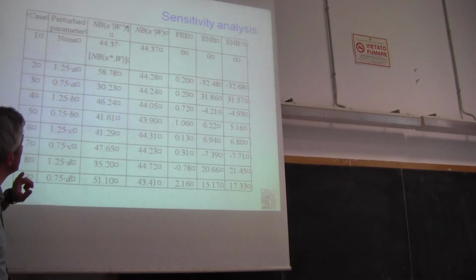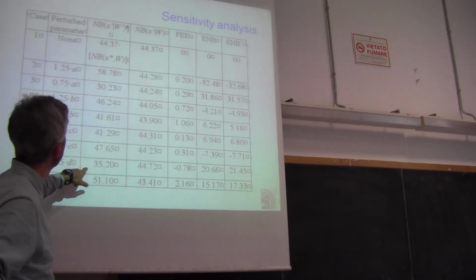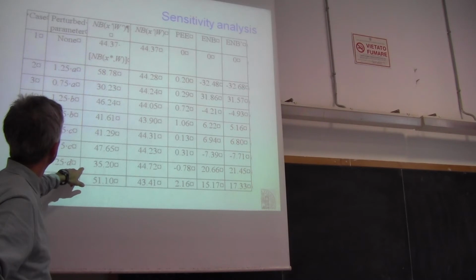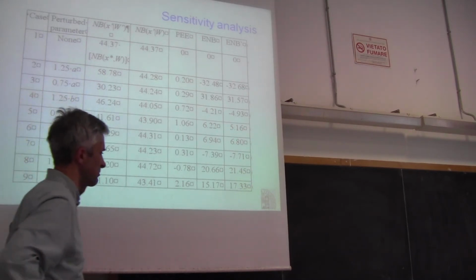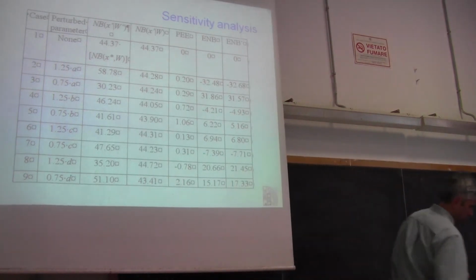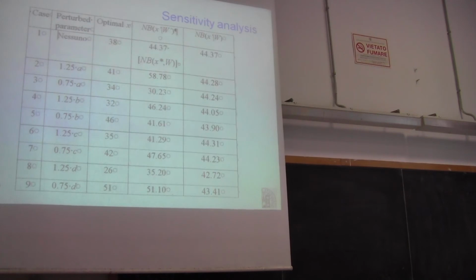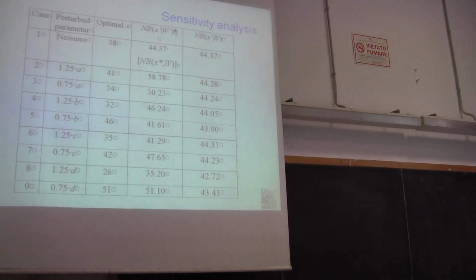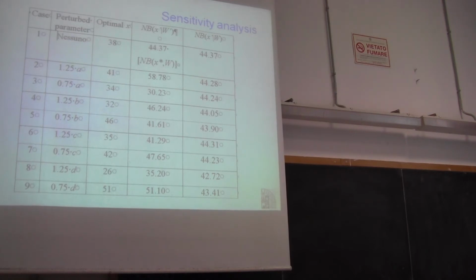I go back to the previous table, let me see. NB X prime. Let me go back to the previous table with the maximum benefit. Oops, sorry. 3520.